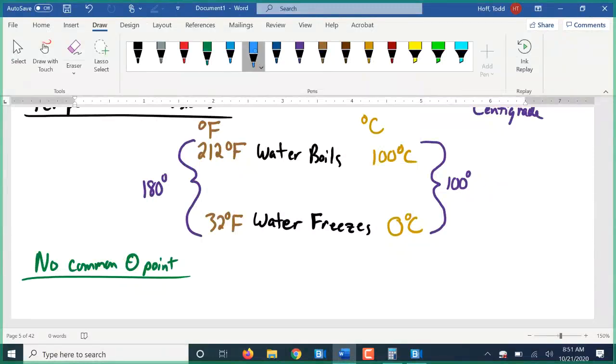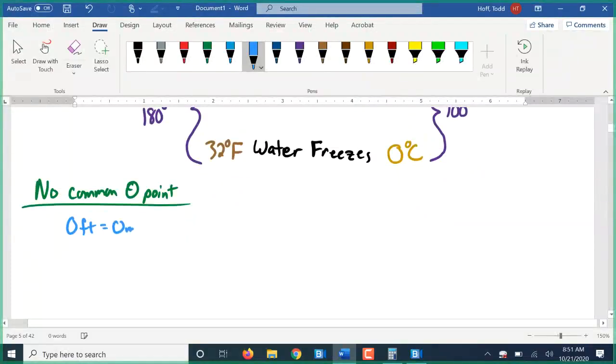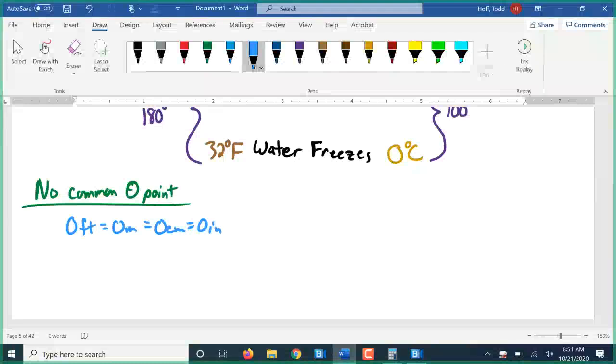Well, that means in length, 0 feet is equivalent to 0 meters, which is equivalent to 0 centimeters, which is equivalent to 0 inches. There's a common 0 point. No matter what unit we're using, 0 is 0. It's nothing. Or 0 grams equals 0 pounds equals 0 kilograms equals 0 ounces.